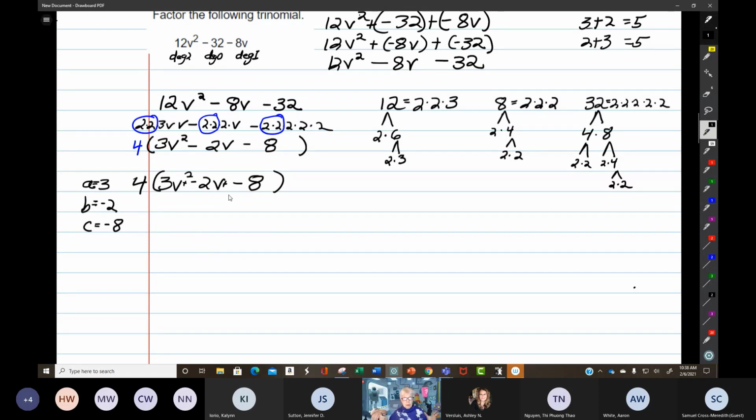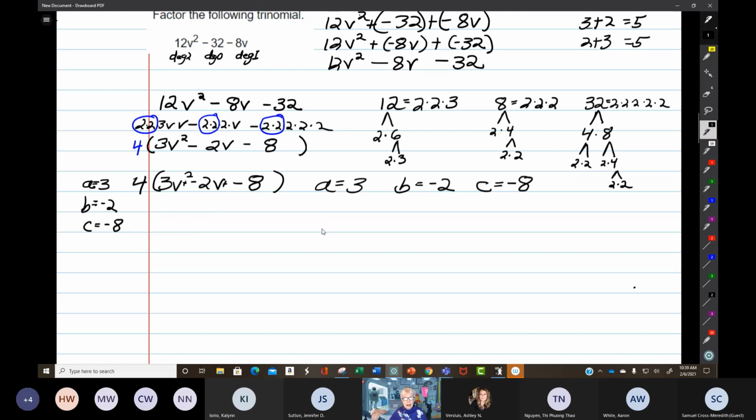All right, so now here is the AC method. You use it when the A number is not positive 1. A, I'm going to write it real big again, is 3, B is -2, and C equals -8.